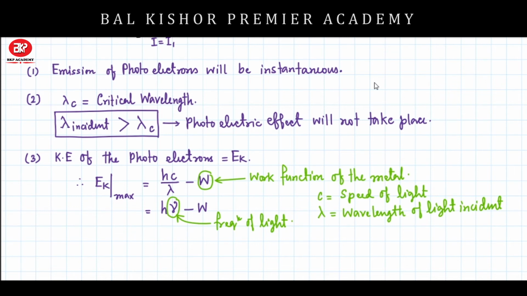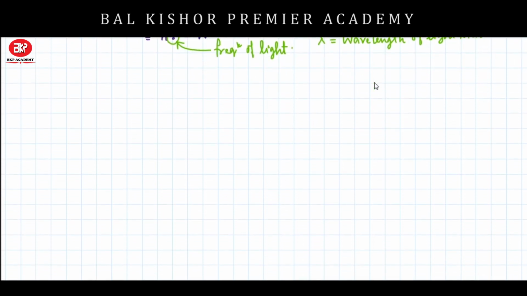In 1905, Einstein told that light waves are coming in the form of particles, and these particles are called photons.